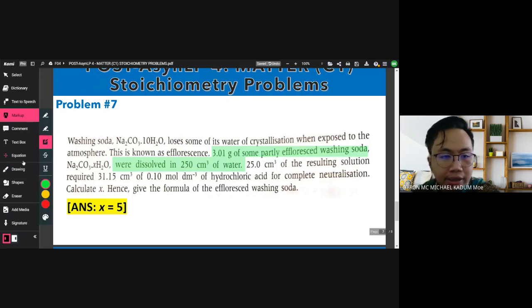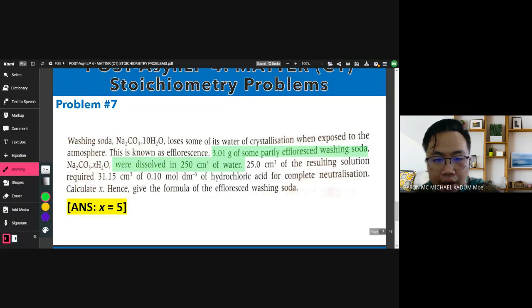So what is happening here now? You have this, like a beaker, the green one. And then inside here you have dissolved 3.10 grams plus 250 centimeter cubed of H2O in here. So this is the solution.